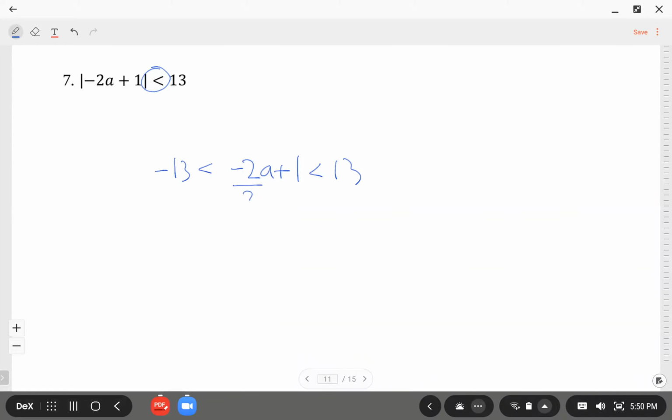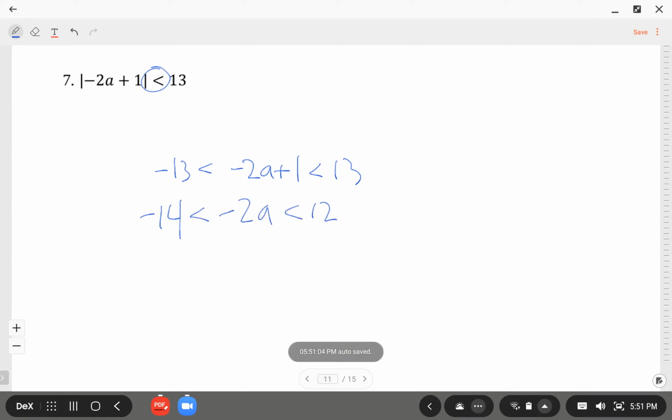Wait a second, no, we don't divide by 2, that would not make sense. Let's subtract 1 first. So -14 is less than -2a is less than 12, right?